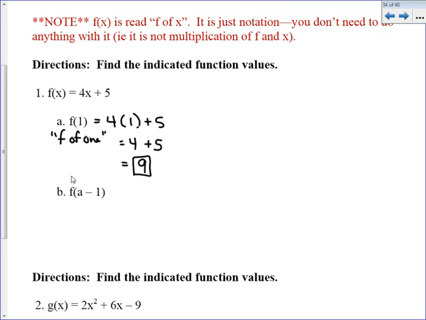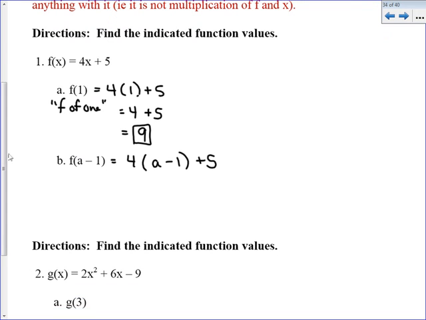So in B, I'm looking for f of a minus 1, which means go into your function, and wherever I had an x before, I'm going to replace it with a minus 1. Use parentheses. I'm going to copy everything else from my function around it. And then I'm going to simplify.